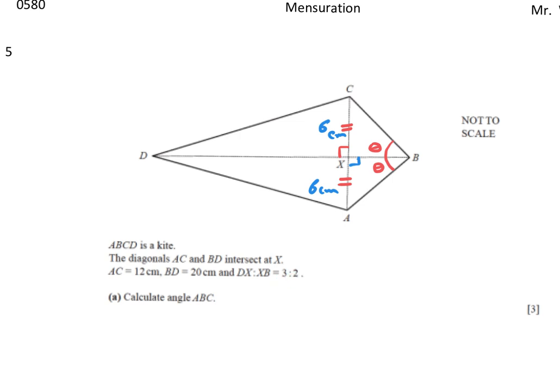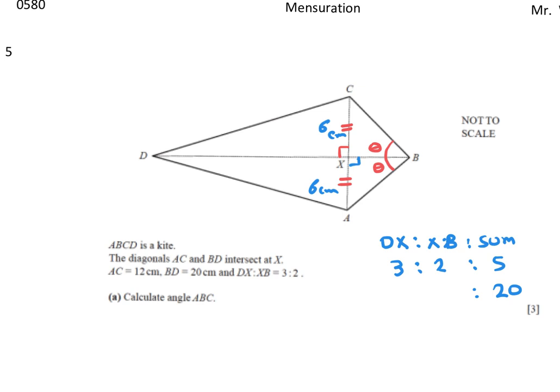Sir, it says that the ratio between them is 3 and 2, and BD equals 20. We add 3 and 2, which makes 5, and then divide 20 by 5, so 1 part equals 4. So BX will equal 8 centimeters.